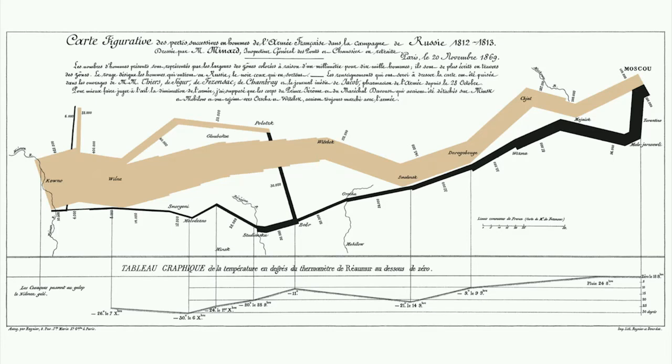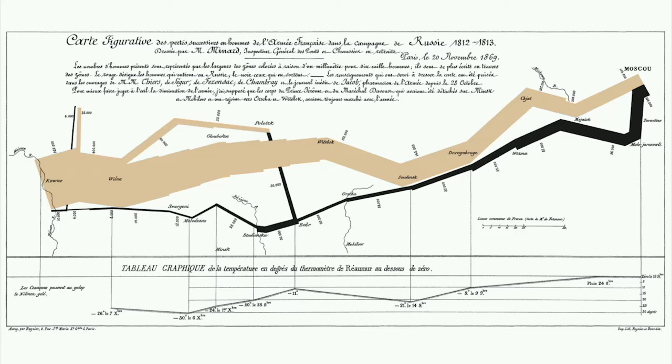This is probably one of the most amazing visualizations from the past. The one on top shows how big the army was over time, and at the bottom you can see the temperatures and how much food they had.